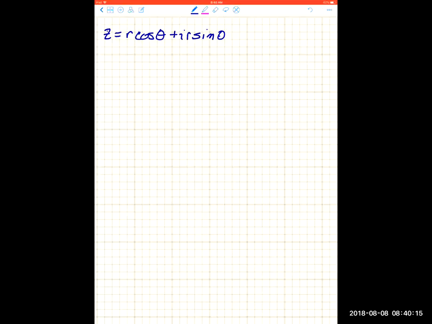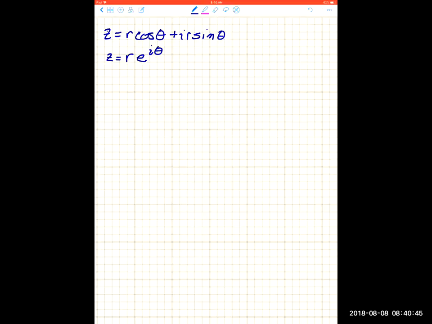There's an alternate form for this expression, which uses the irrational number e. So we can rewrite this as r e to the i theta. And I'm not going to prove this. Proving this takes some pretty heavy-duty calculus, and it is beyond the scope of this course. You'll get to that in the next course. But we are going to utilize this.